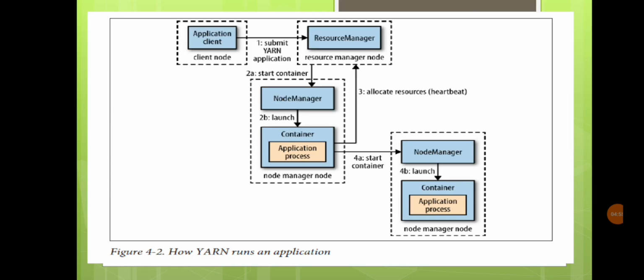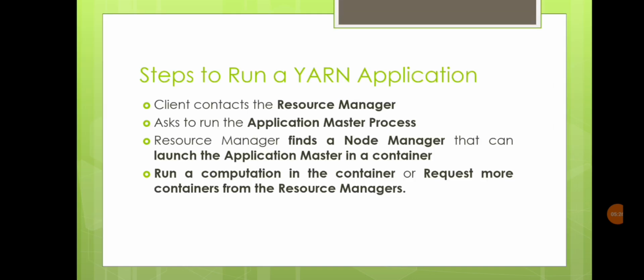It sends a heartbeat signal to the node manager and launches the container that has the application processes. Then finally, the container runs a computation and requests more containers from the resource manager. These are the steps involved in running an application using the Yarn concept.